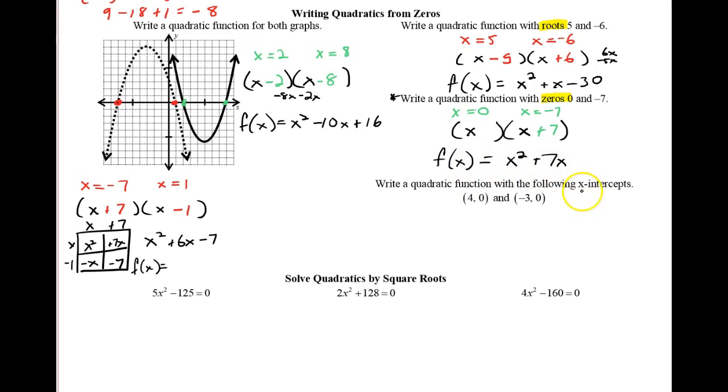And the last one, for our x-intercepts, remember x-intercepts, zeros, and roots are all talking about the same thing. Same steps. Start with our x, so x is 4 and x equals negative 3. Write your binomials.